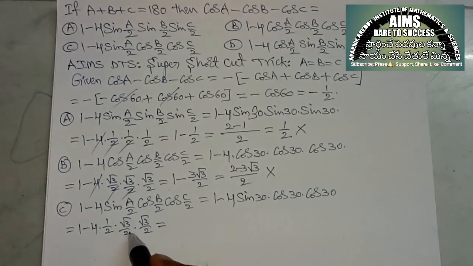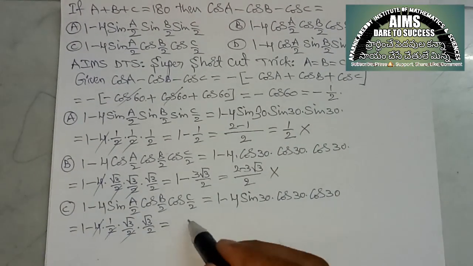Denominator 2 twos are 4, and numerator 4 gets cancelled.